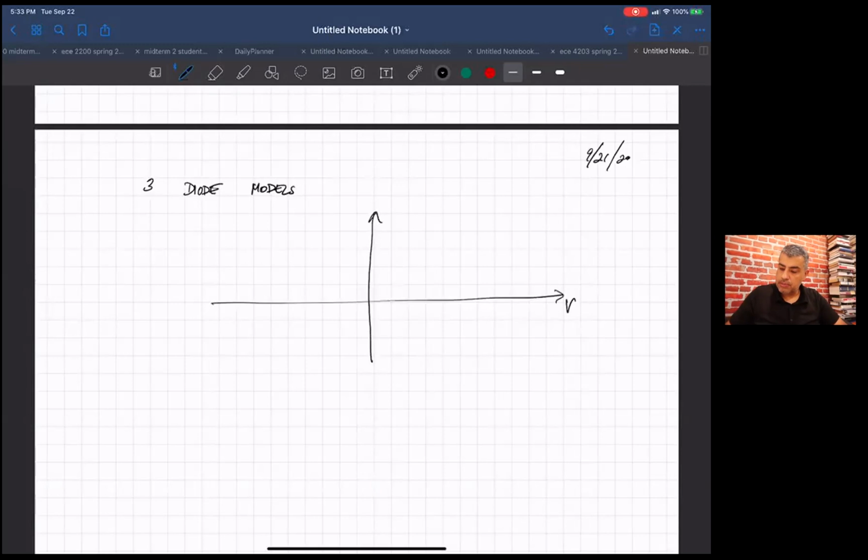which is, if you have a circuit where you're putting a voltage across a diode and looking at the current, you get this exponential behavior.